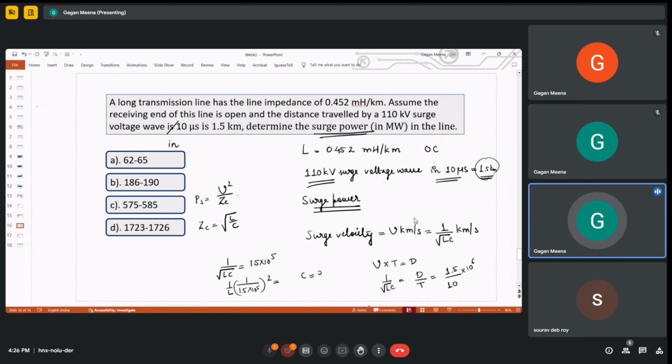So capacitance comes out to 0.1046 microfarad per kilometer.